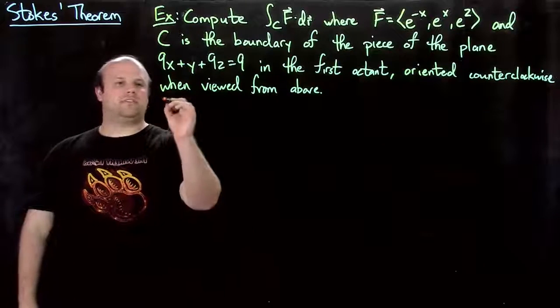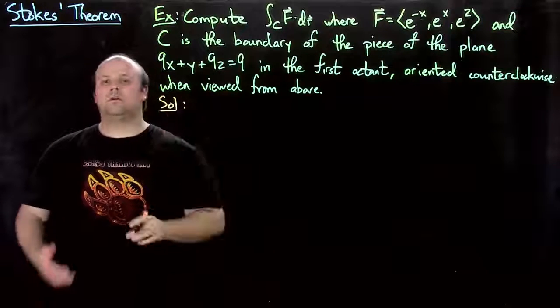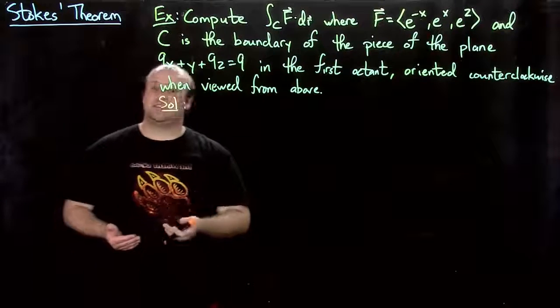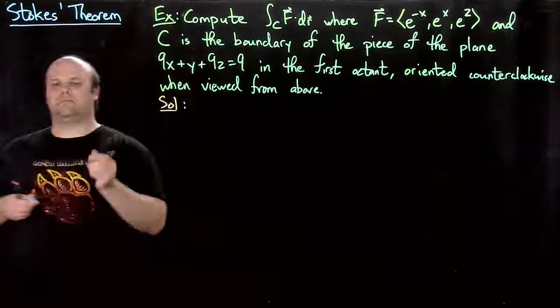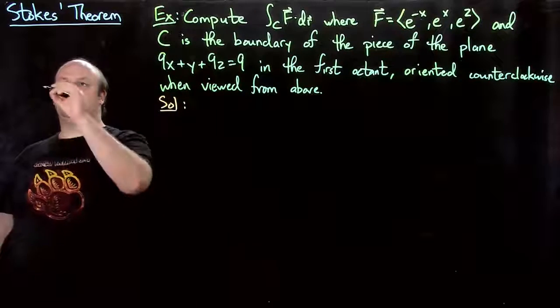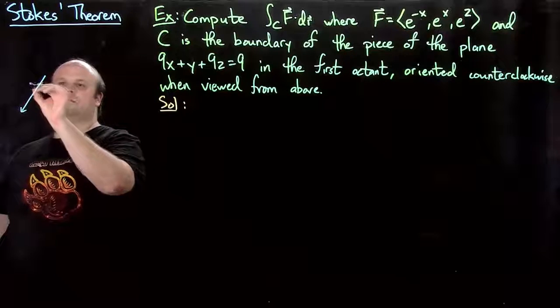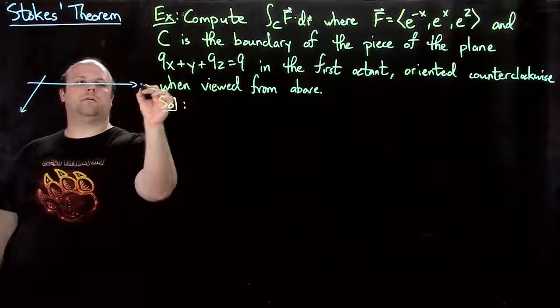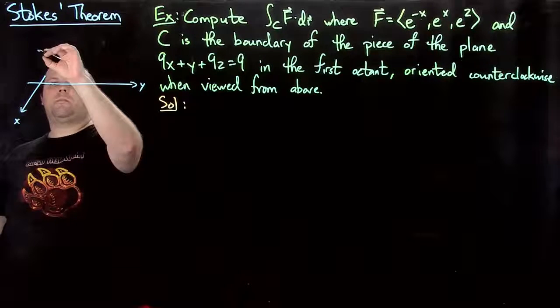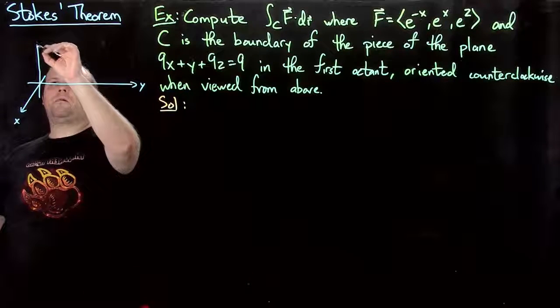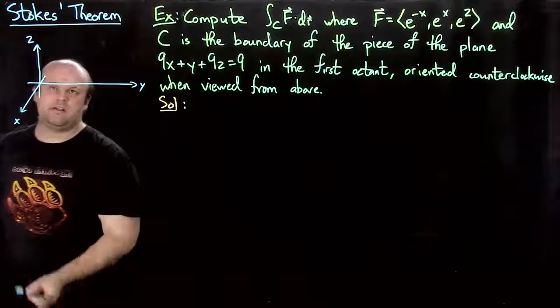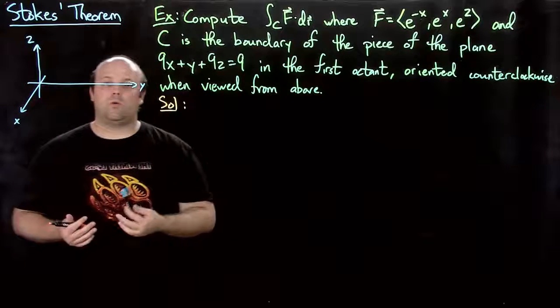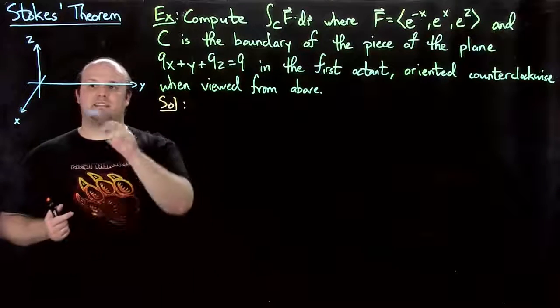Instead, let's use Stokes Theorem. First things first, let's get a quick sketch of what this looks like. If we draw our usual axes here, what are the points where the plane intersects these 3 axes?